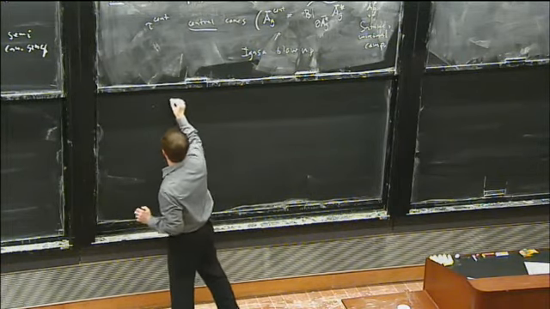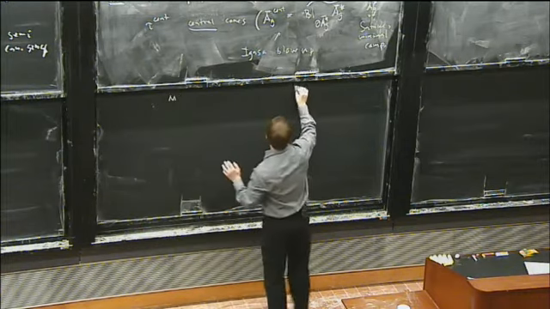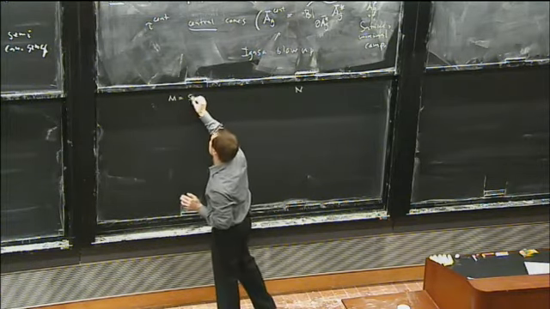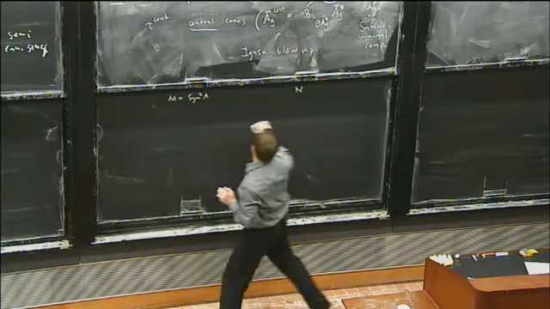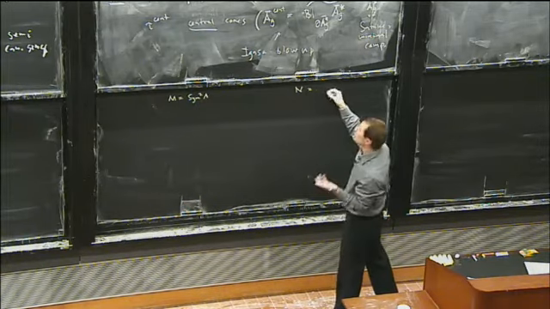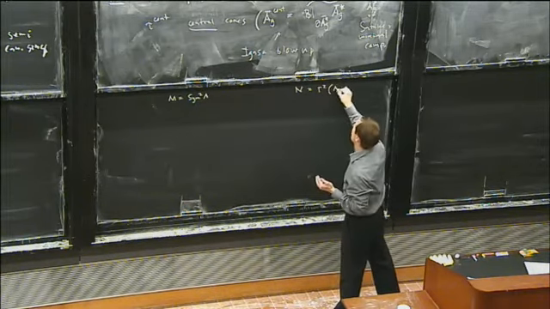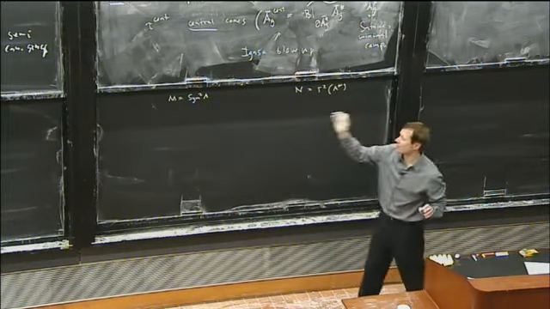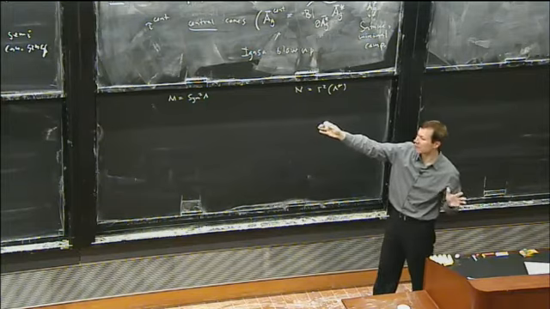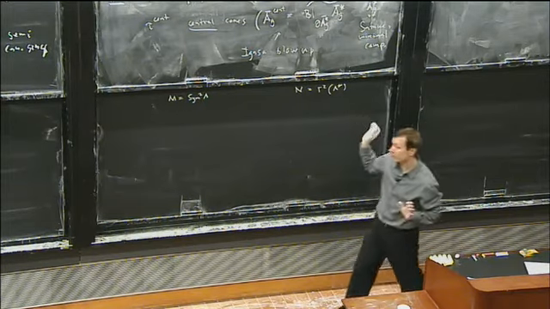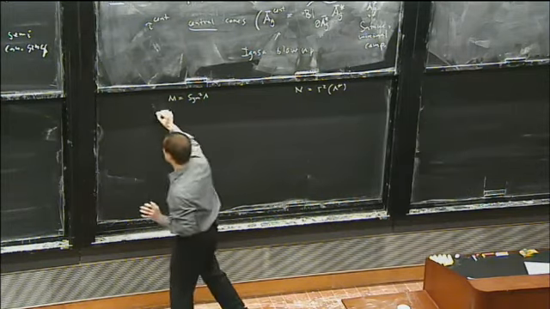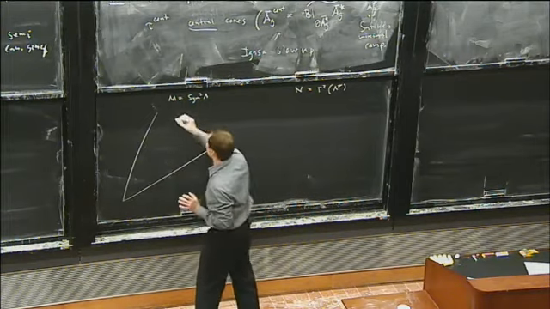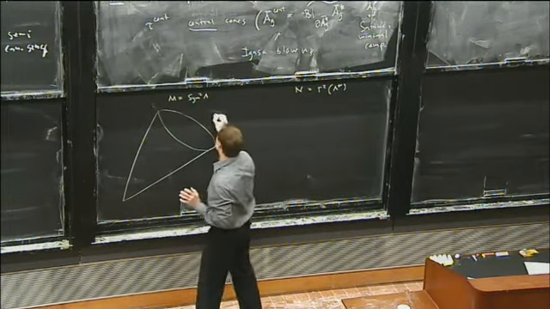As I said, you have two lattices, M and N, and this M was the symmetric square of lambda, and N was the dual to that. These are half-integral lattices. These are half-integral symmetric matrices. These are integral symmetric matrices. And in both spaces, you have this cone C+.